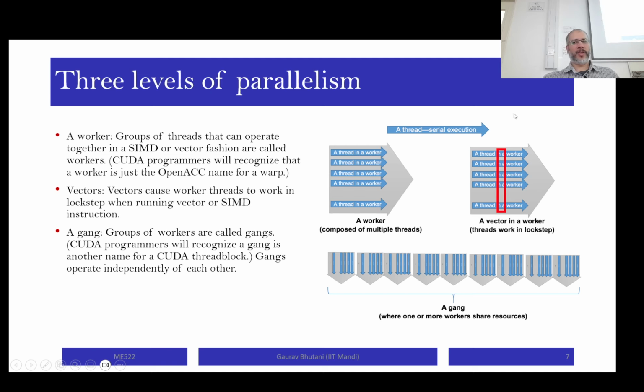In this picture you can see multiple threads working in lockstep like in a vector, and you could also call it a worker which has multiple threads in it. Then you will have a whole block or a whole gang where multiple workers or multiple warps work together.